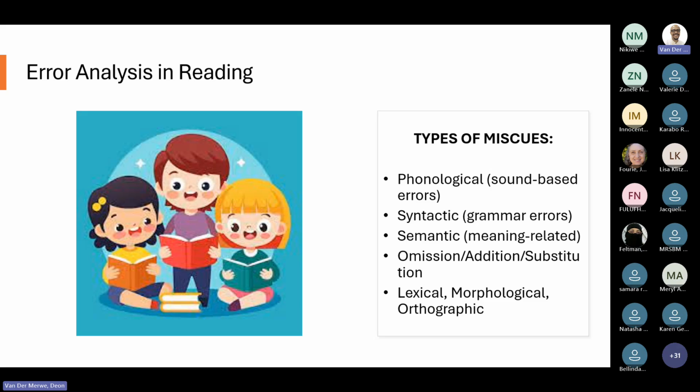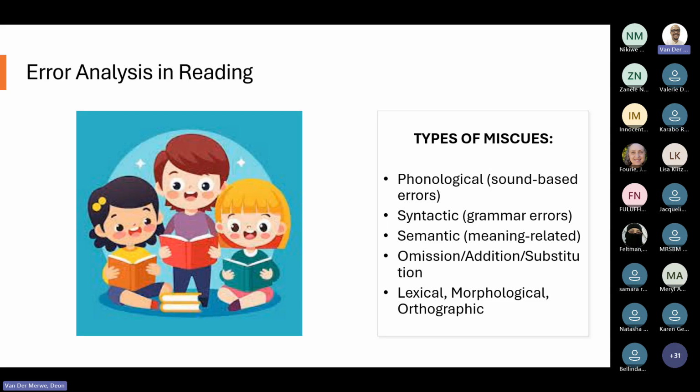And then we also have semantic errors, and this is all about wrong meaning, for example, reading happy as sad and sad as happy.